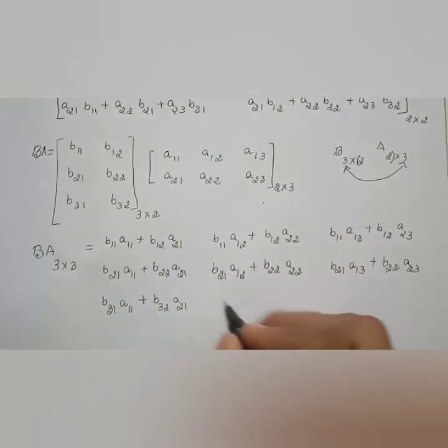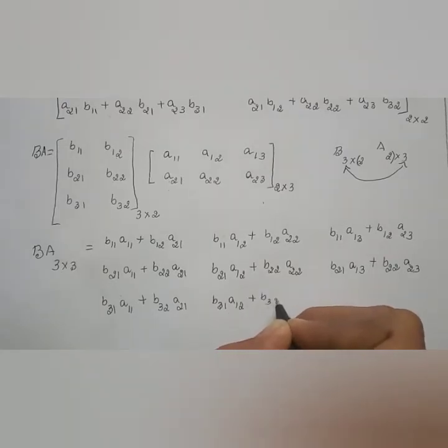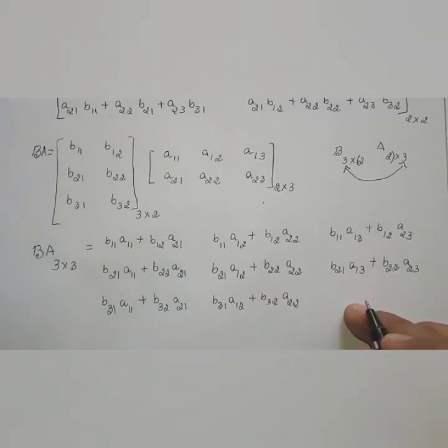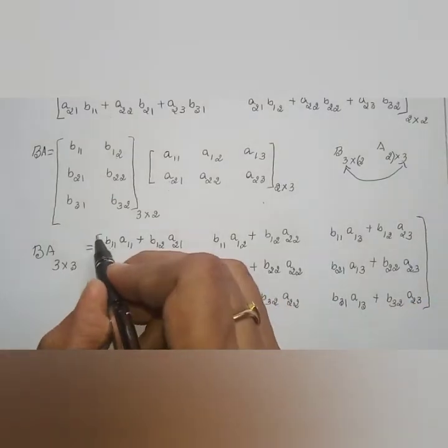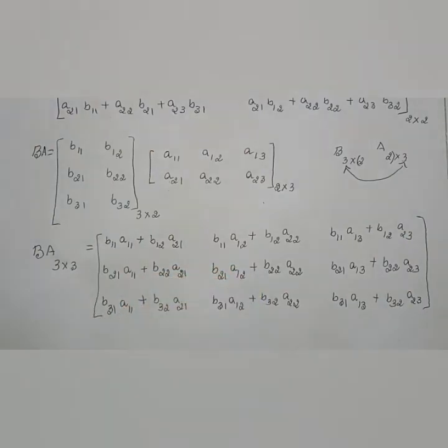Third row, second column, B31 into A12 plus B32 into A22. Then this is the last row entry, third row, third column, B31 into A13 plus B32 into A23. So this is the product BA.